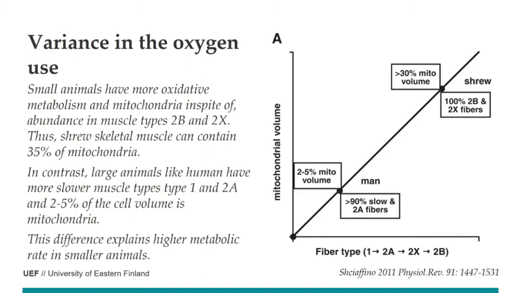So in human cells, although we have oxidative cells, if 2% of the cell volume is mitochondria, it means that 98% of the cell volume can be packed with these contracting elements. So you can have more force per one cell.